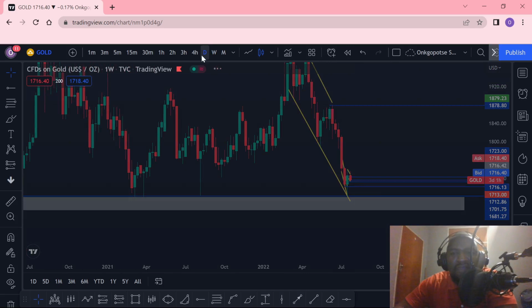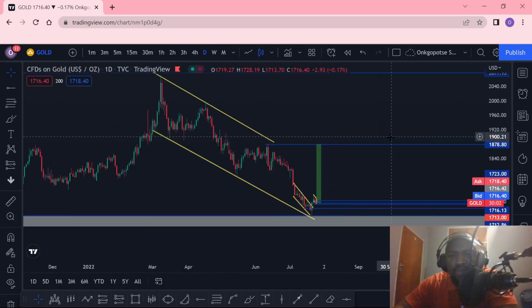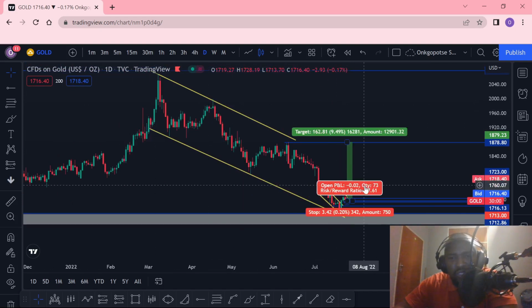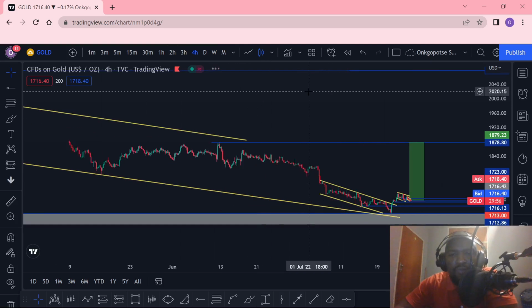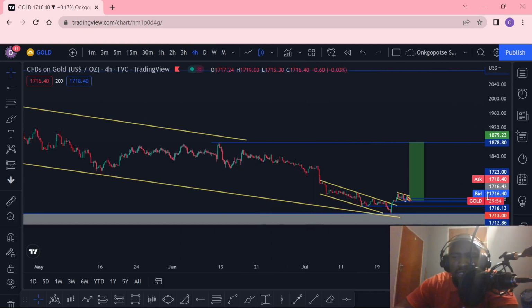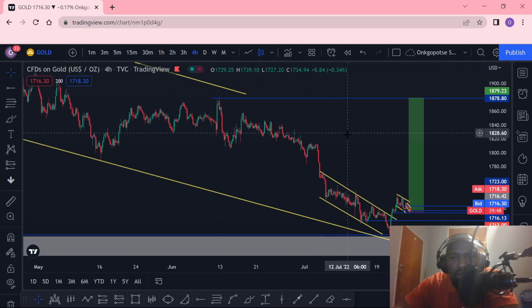So when we dive deeper into our daily time frame, you can simply see that we have this beautiful downtrending channel towards the downside. However, the 4-hour is looking beautiful and quite clearer, because this one is going to give us the full story of how gold is operating.